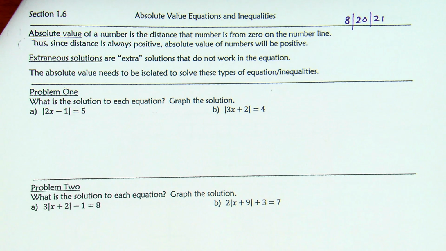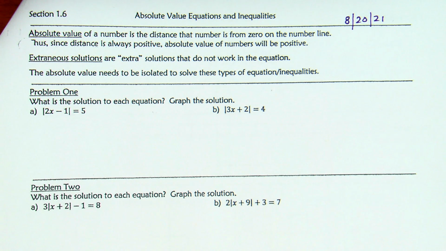Those straight bars. Right? Straight bars show absolute value. When you see a number in the absolute value bars, they tell us to make it positive, is what we think.